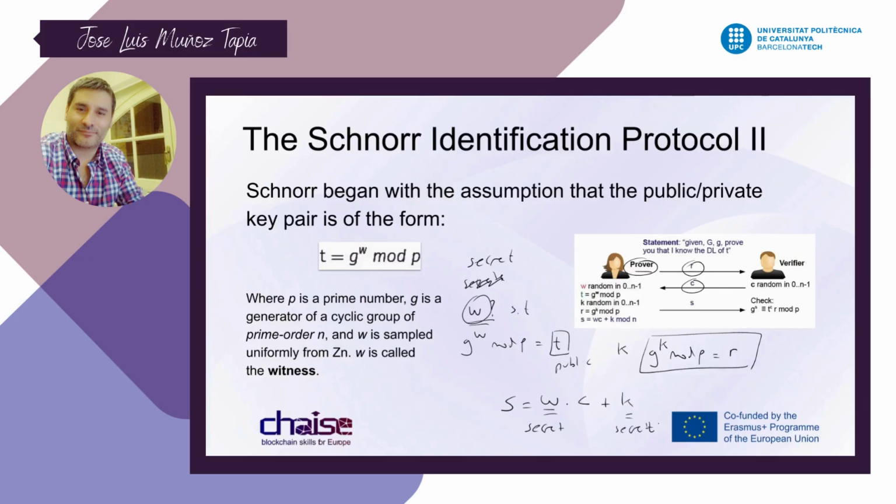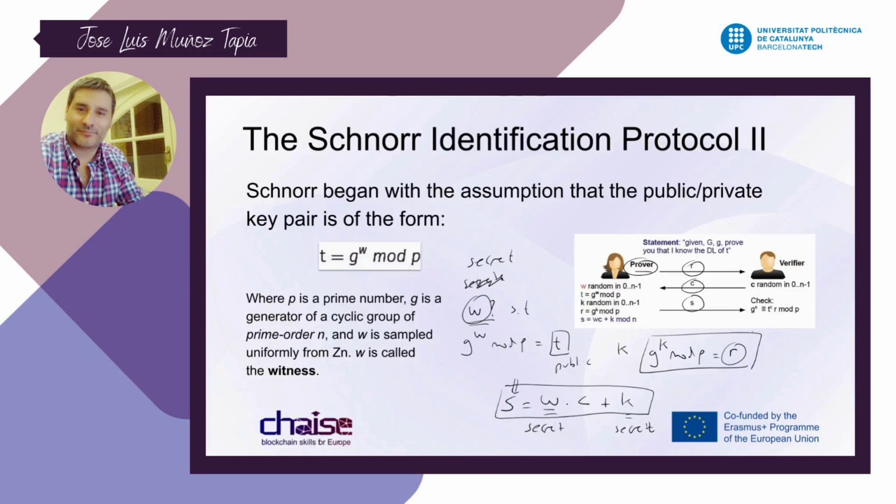The prover provides a blinded version of K, G to the K, which is R. So the prover computes this equation, computes S and provides S to the verifier.